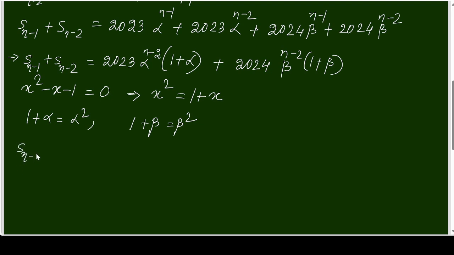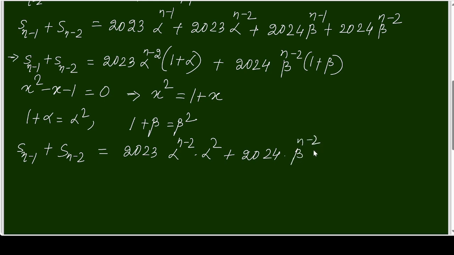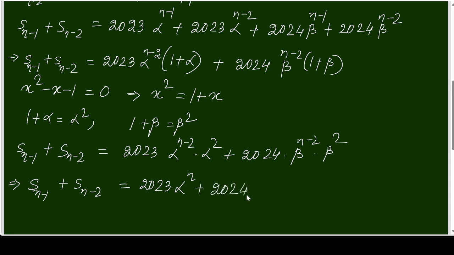So S of n minus 1 plus S of n minus 2 equals to 2023 alpha to the power n minus 2 into alpha square and 2024 beta to the power n minus 2 into beta square, which equals 2023 alpha to the power n plus 2024 beta to the power n.